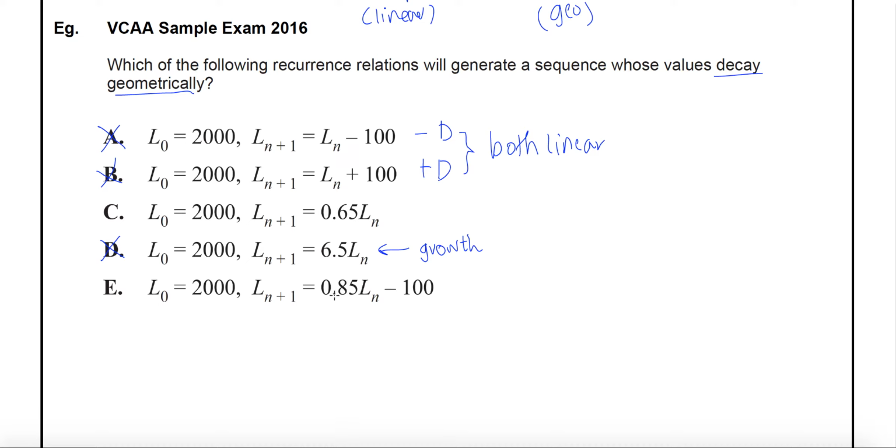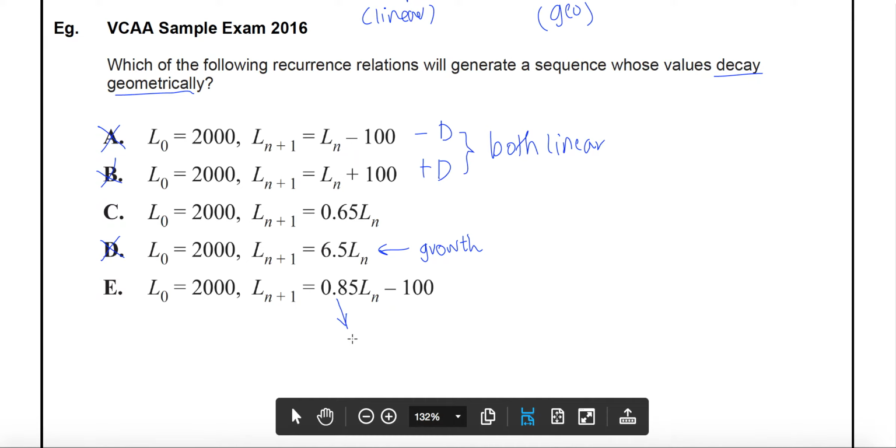Now, if you took in what I said earlier, which is that when you combine, if we were just multiplying by 0.85, yes, that would be geometric. So alone, that would be geometric. And this little bit here, if this was alone, so just subtracting 100, that would be linear.